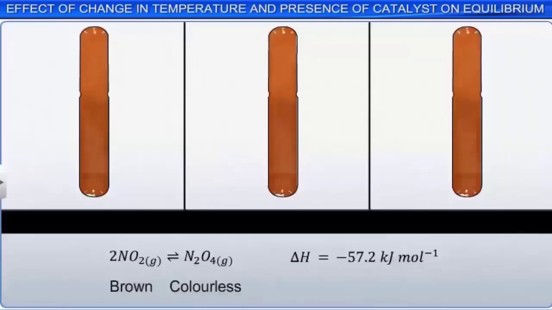The three identical sealed tubes that you see here contain nitrogen dioxide in equilibrium with dinitrogen tetraoxide. As you can see, all the three tubes contain the same amounts of NO2 and N2O4 and have the same brown appearance.